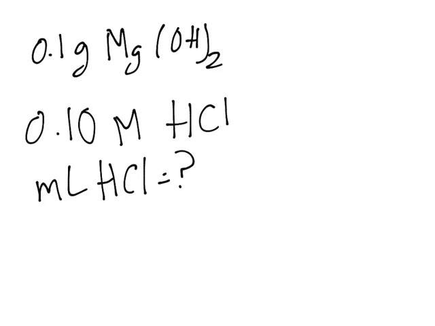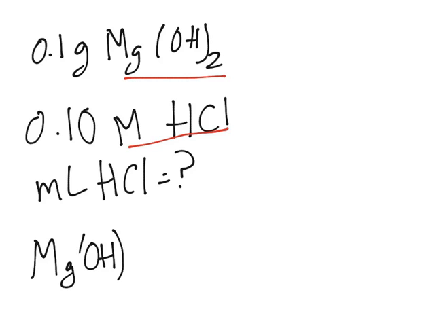Now, as in any chemical stoichiometry problem, you want to start by writing the chemical reaction or the equation. So let's do that first. It says that this is treated with this, so it would be magnesium hydroxide plus hydrogen chloride.